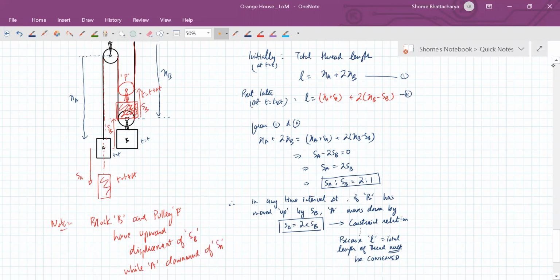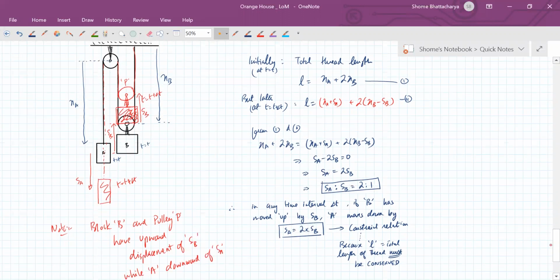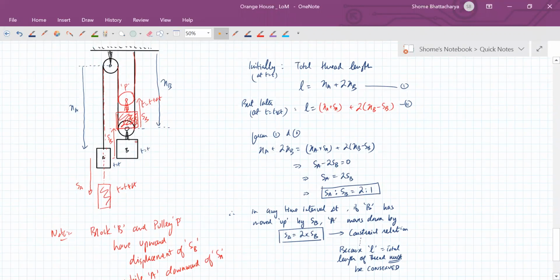Okay, so जितनी देर में A is coming down through a displacement of SA, in that same interval the block and the pulley together are making an upward displacement of SB.